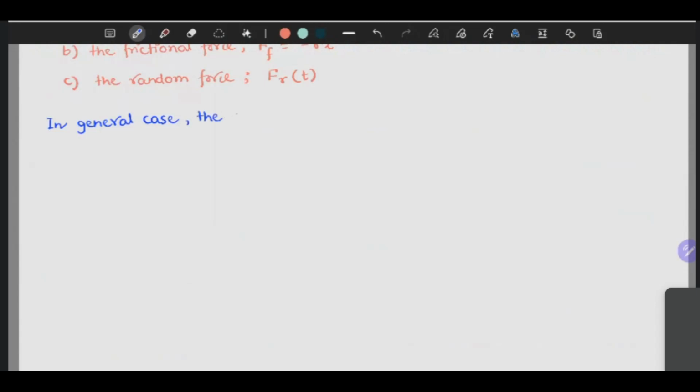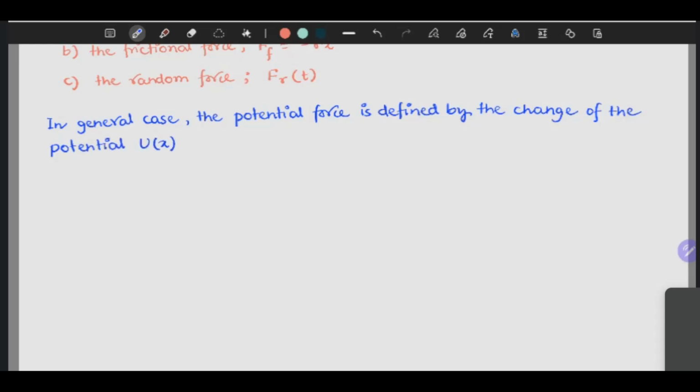So in the general case, the potential force is defined by the change of the potential U(x), right? Because how the potential is changing is like the force, right?